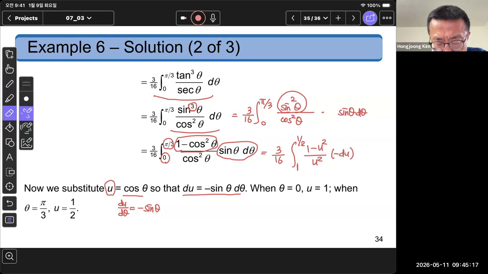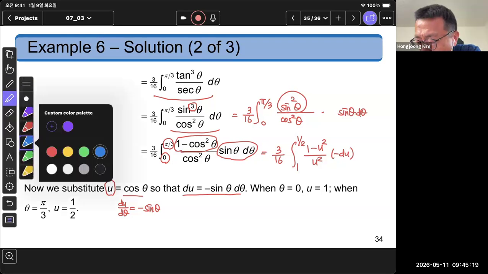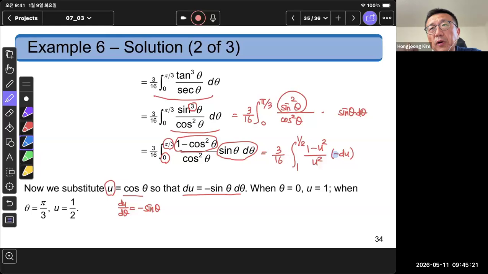Now I have a negative in front of du, and as you can see, the upper limit of this integration is less than the lower limit. So if I switch these two numbers, you will introduce one negative sign, and that negative sign will cancel out with the negative in front of du.